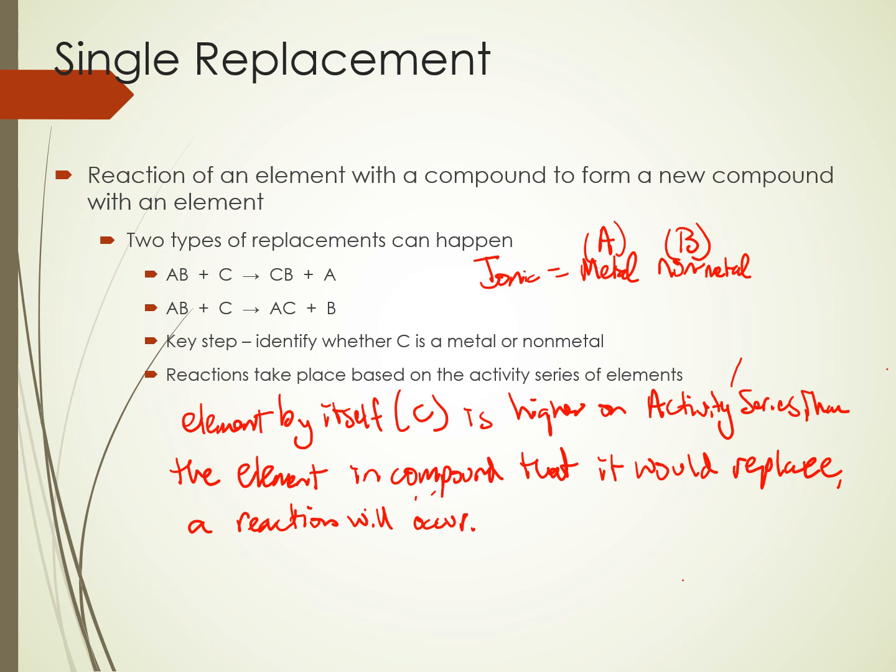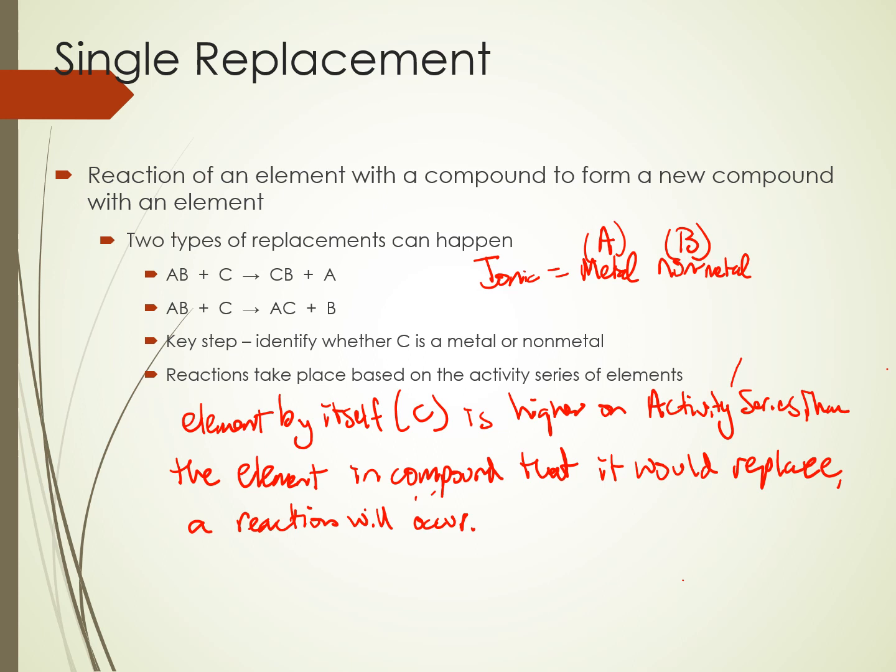You saw a little bit of hydrogen gas being produced, but there wasn't any flame. You may have seen a spark, but with the sodium, we saw a bunch of sparks, and then we eventually saw it explode and burst into flames, showing that the sodium was more reactive than the hydrogen that was part of the water. So that's what we're looking for with the activity series.